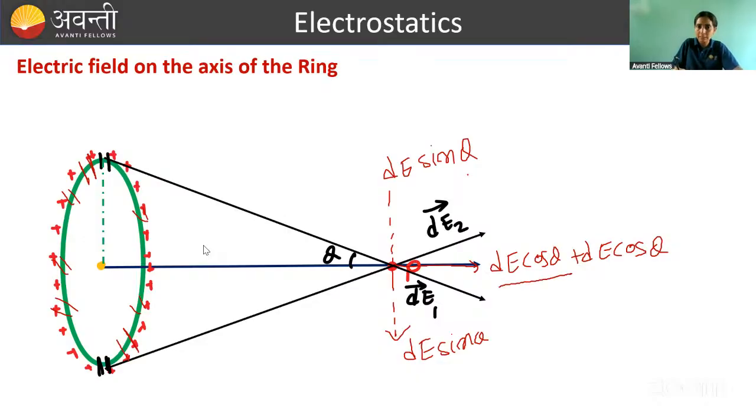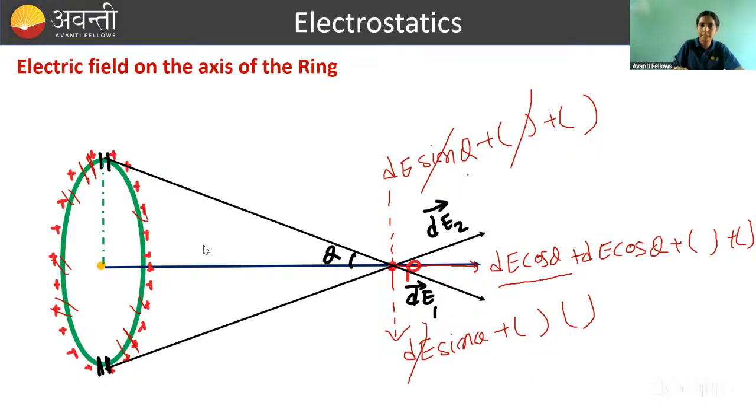Because in this way more dE cos theta will keep getting added. Here more dE sin theta will get added, and here also more dE sin theta will get added, such that this will get cancelled with this, and this with this. So basically what we have to do is add dE cos theta, and that will give us the value of the net electric field at point P.